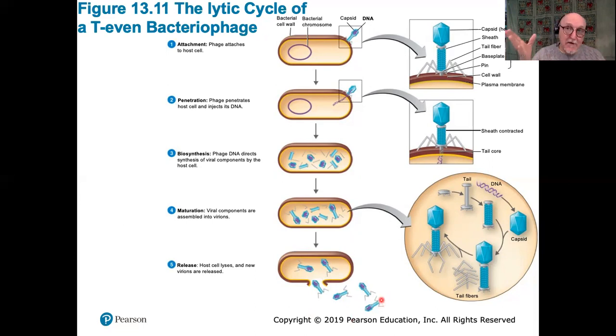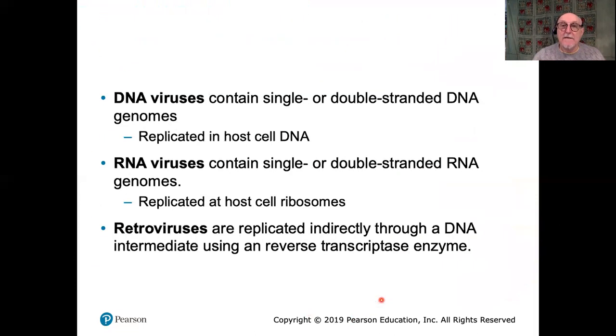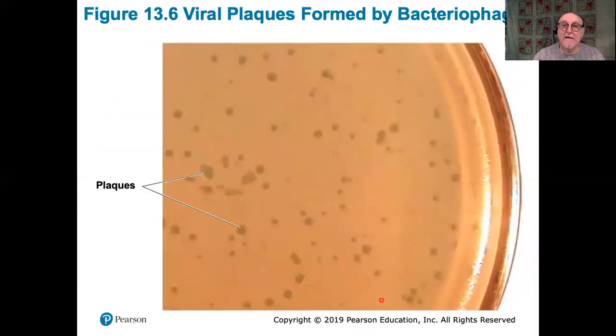Those go on and infect other bacterial cells. We saw that here. What happened here? Exactly that. We had the lawn of healthy bacteria. We infected them with T even.